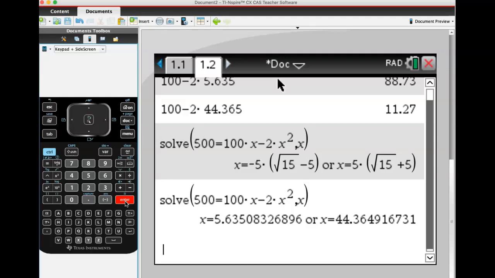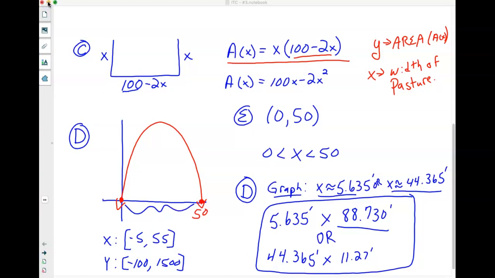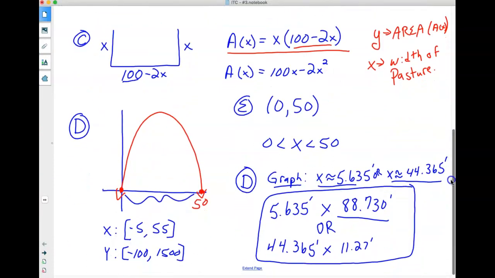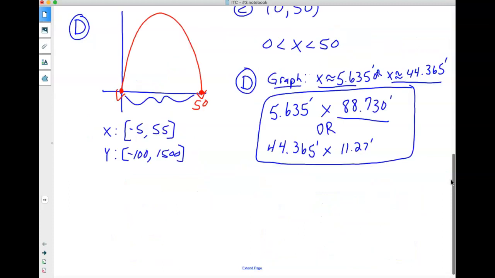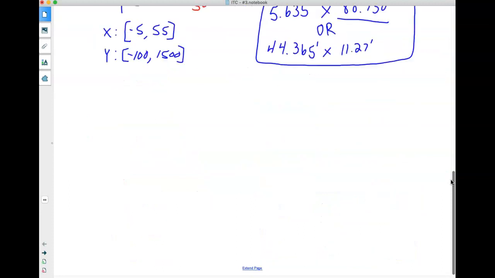Part G says use your graph to determine the dimensions of the pasture if the area is to be as large as possible. Well, I'm pretty sure everybody knows what that means. I need something to write with. That is part G. It's basically saying, take your graph.